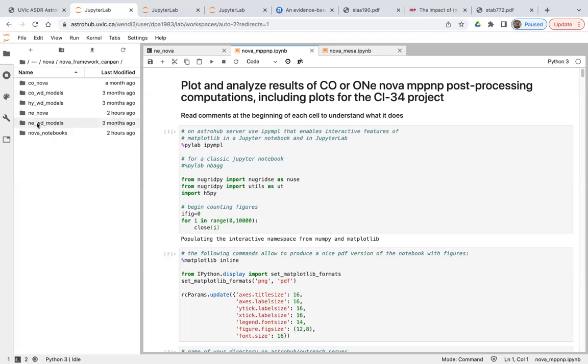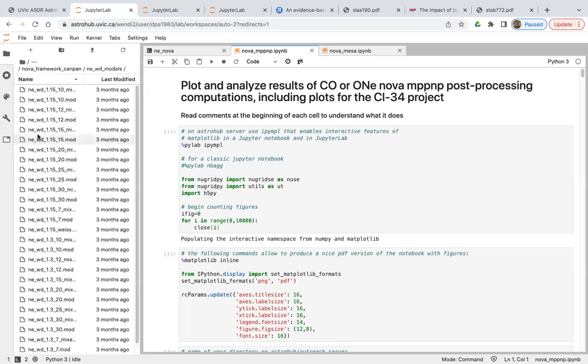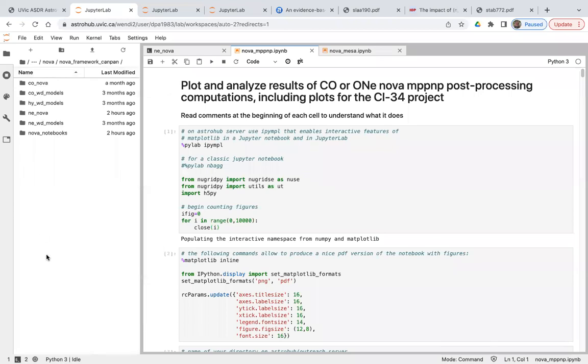For instance, if I click here, you can see neon white dwarf with mass 1.15 or mass 1.3. The next parameter is the white dwarf central temperature in million Kelvin, etc. I'm not going right now to explain in detail how to run the simulations.